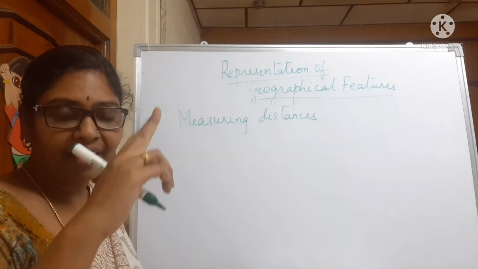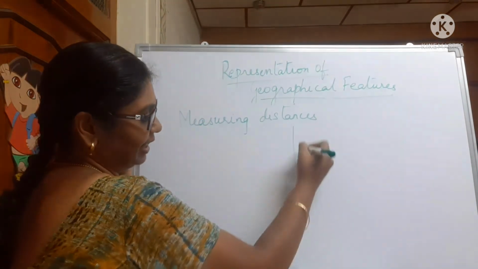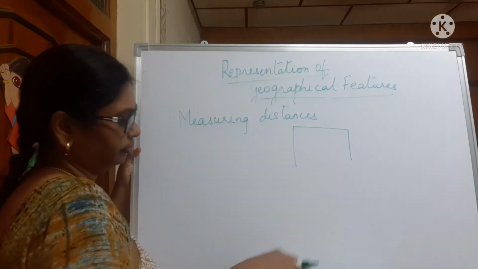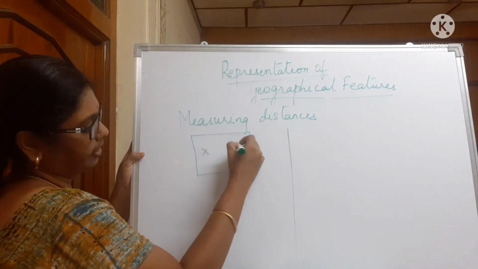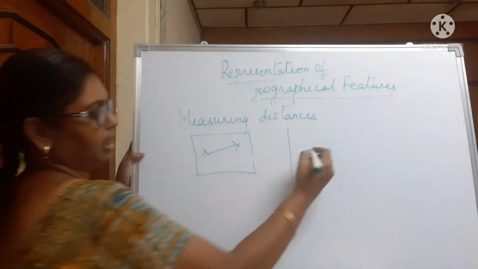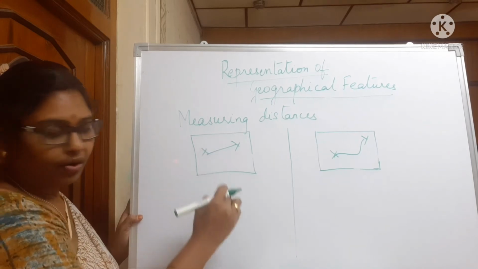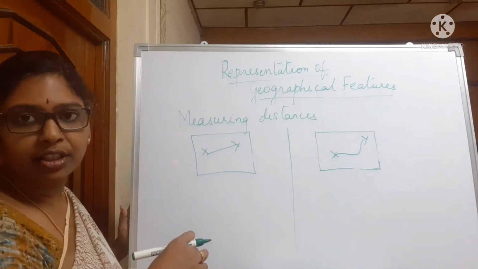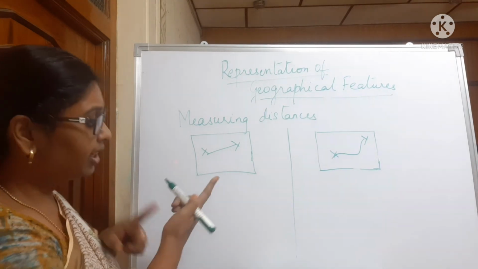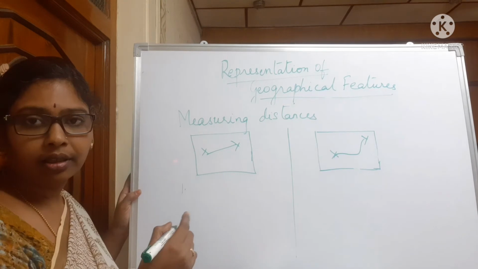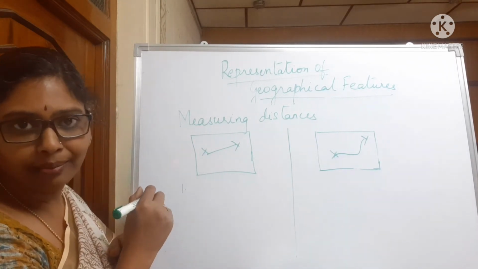So here we have two ways of measuring distances. One is measuring a straight line, and one is measuring a curved line. When we have to measure a straight line, it's so easy. Take a piece of paper, measure with it, put it on a ruler or a scale, then we get the measurement.